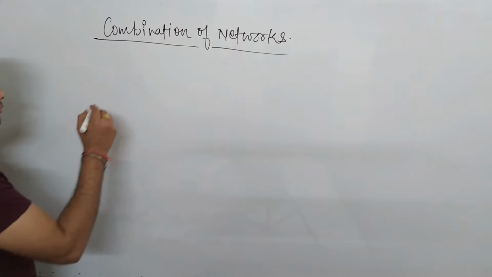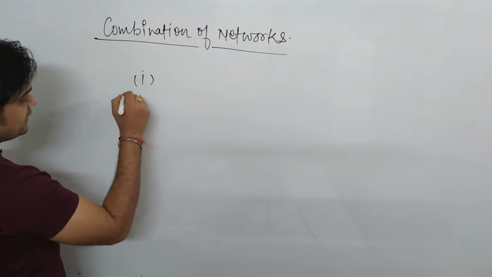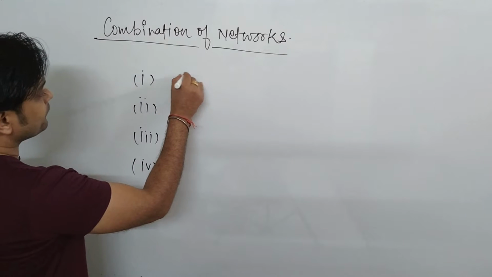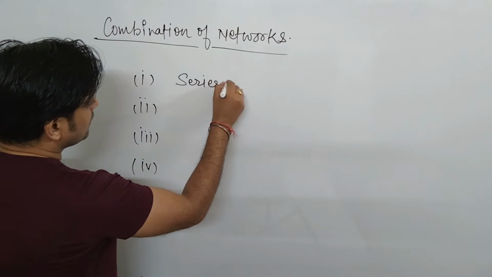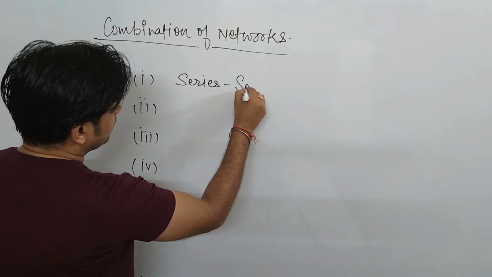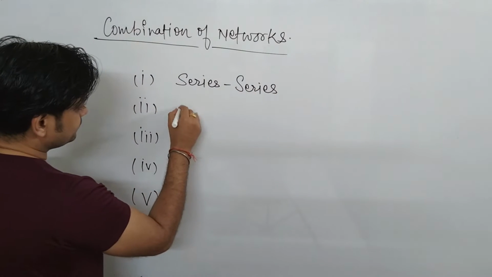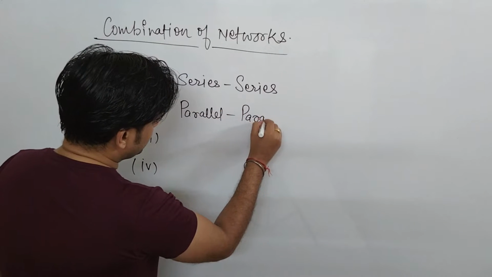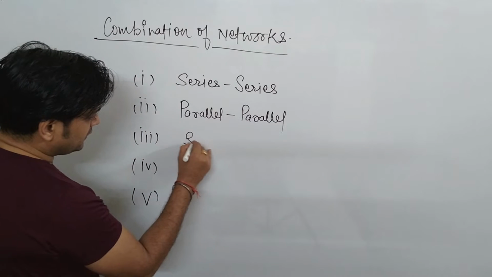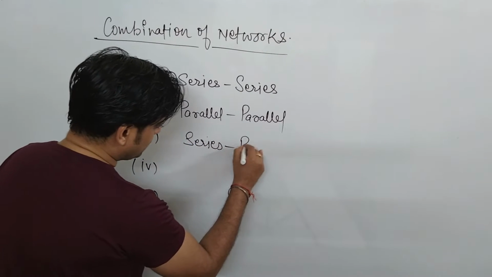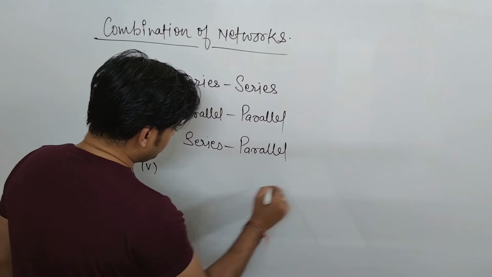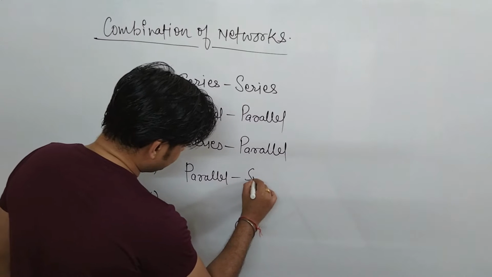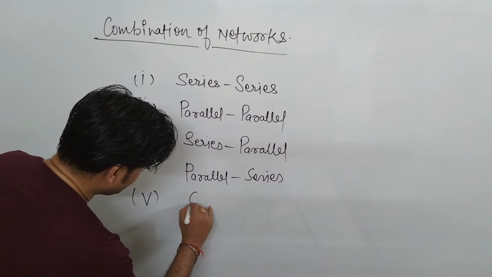Okay, so basically there exist 5 different types of combination. First is known as series combination, then parallel combination, then you can call it series parallel combination, then parallel series combination, and then cascade combination.